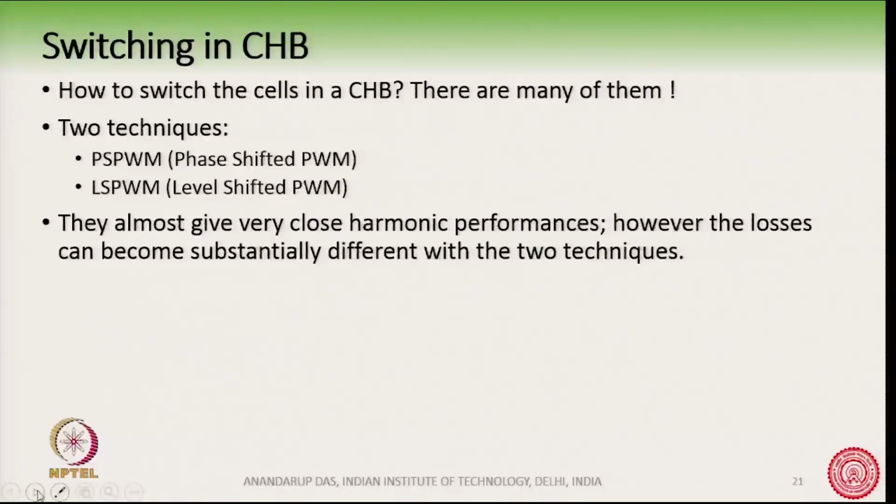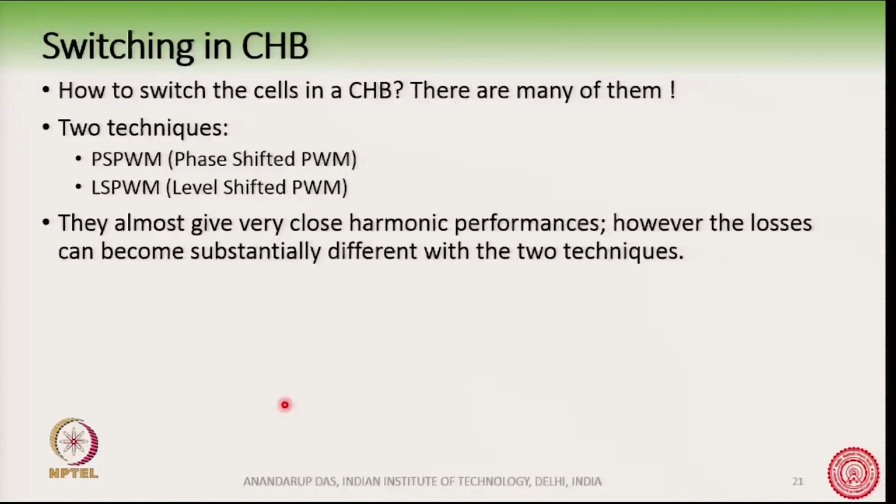In order to do that, we use 2 techniques, phase shifted PWM and level shifted PWM, as you can see here, PS PWM and LS PWM. We can also use a modified space vector PWM, where we ensure that the 3 nearest vectors in a multi-level space vector diagram will be switched.